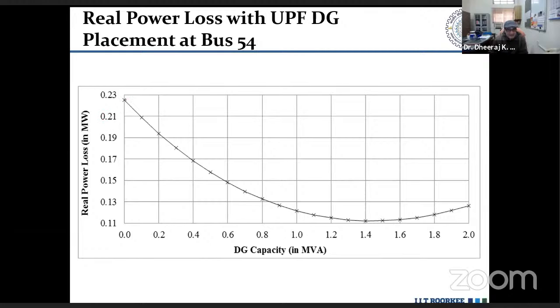First we observe that as we increase the DG capacity, losses are decreasing. At this point, we get the minimum value of losses. If we further increase the DG capacity, losses will start increasing. So this point is of our interest. This is the case with unity power factor DG.